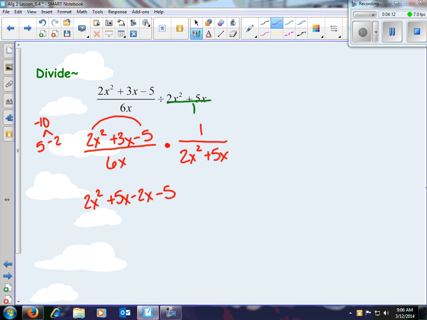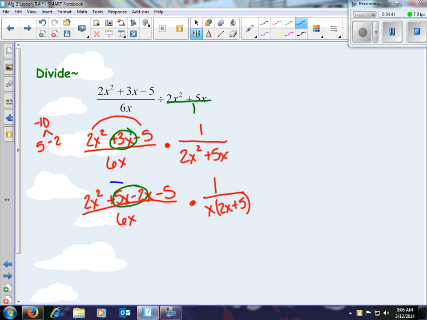Because remember, I am replacing this piece with my two numbers, because 5 minus 2 is 3x. This is still divided by 6x because I can't do anything to that, times 1 over 2x squared plus 5x, so I can pull an x out of that and be left with 2x plus 5.